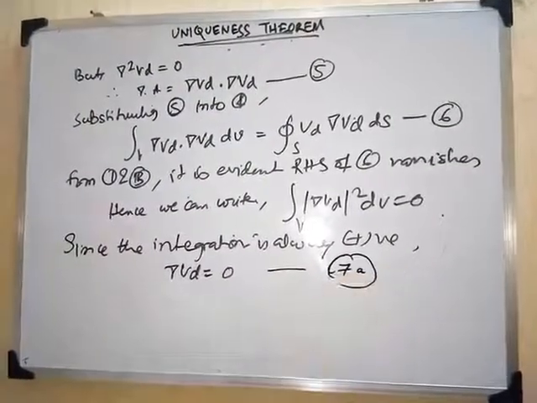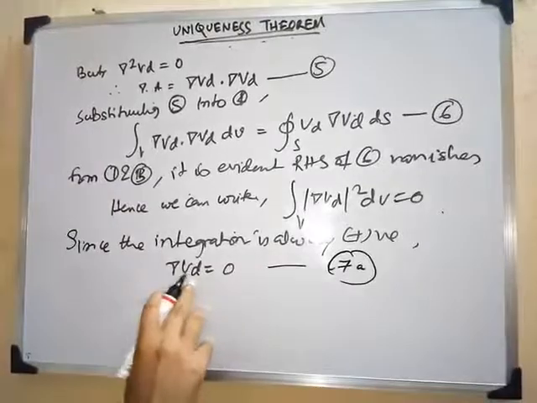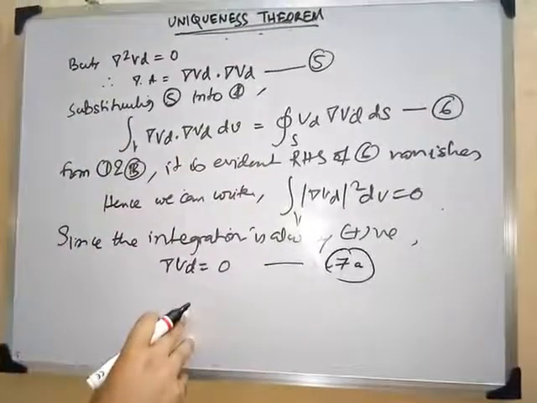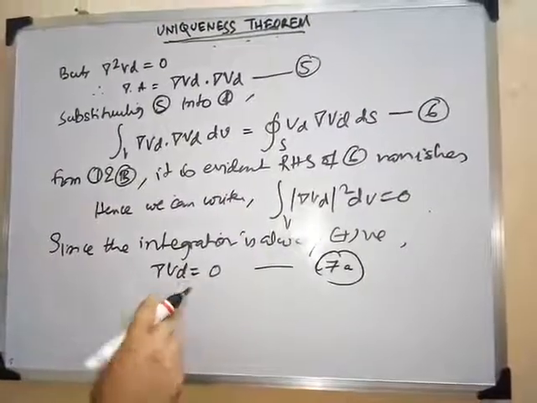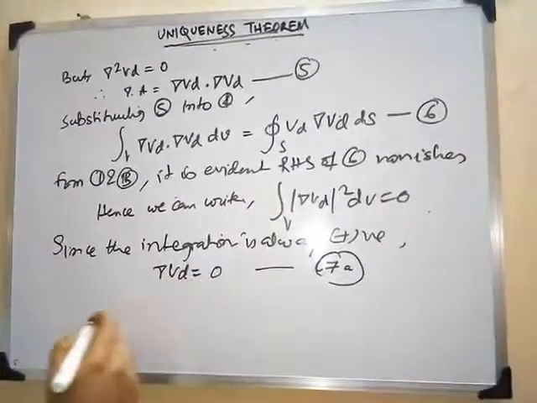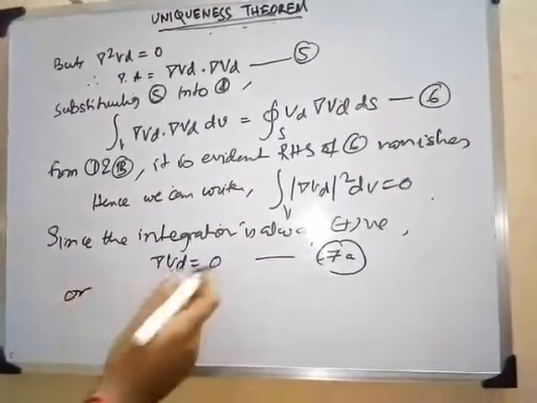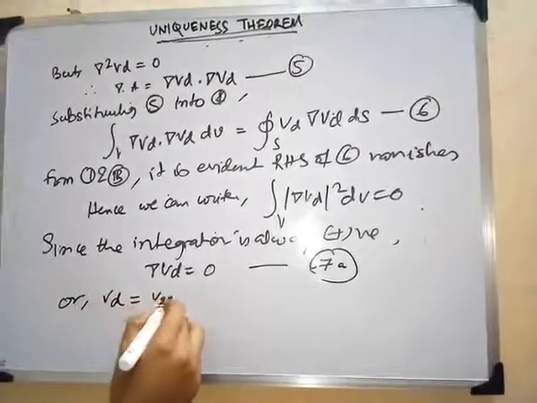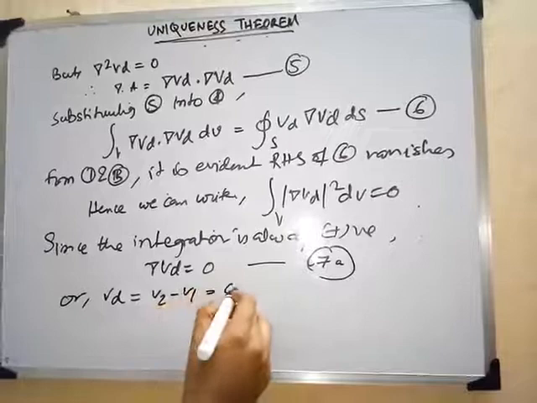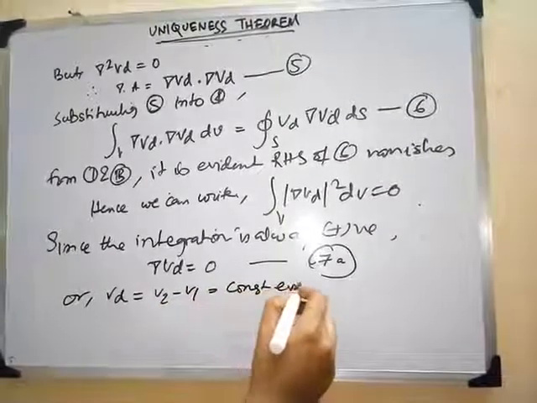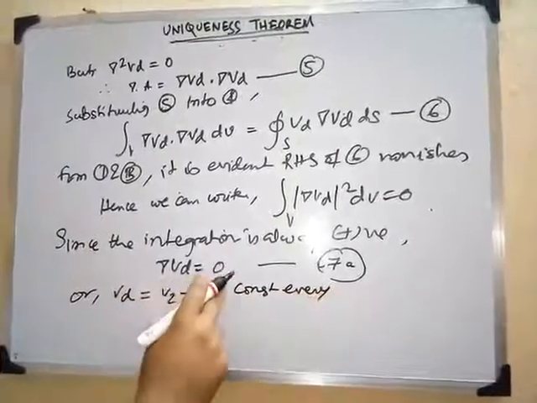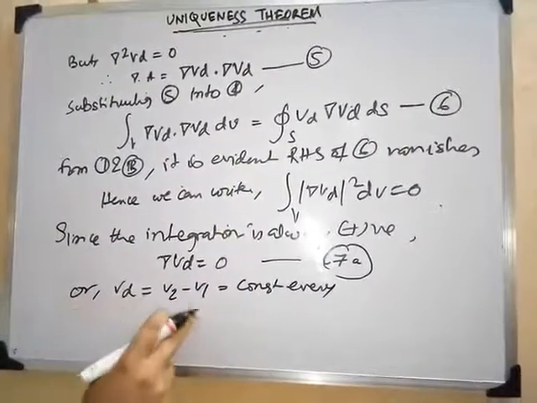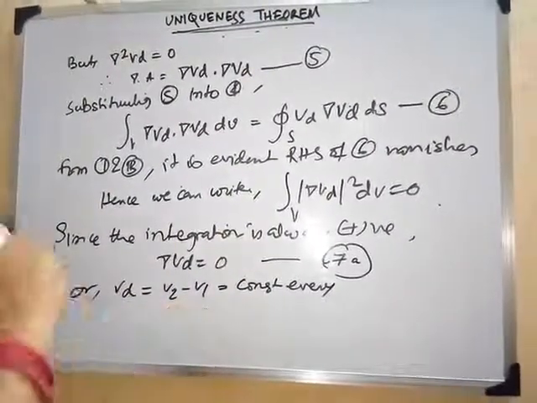If del Vd is equal to 0, as you can remember, Vd equals V2 minus V1. So Vd equals V2 minus V1 equals a constant everywhere, since del Vd equals 0, which we have discussed previously.